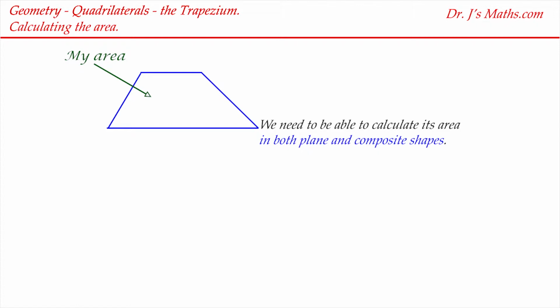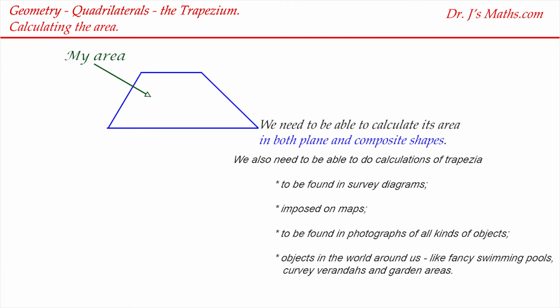We need to be able to calculate the area of a trapezium in plane shapes, just like we see here, or in composite shapes when we might have a circle or a triangle added to it. We need to do calculations of trapezium in all sorts of situations. They can be found in survey diagrams, they can be imposed on maps.